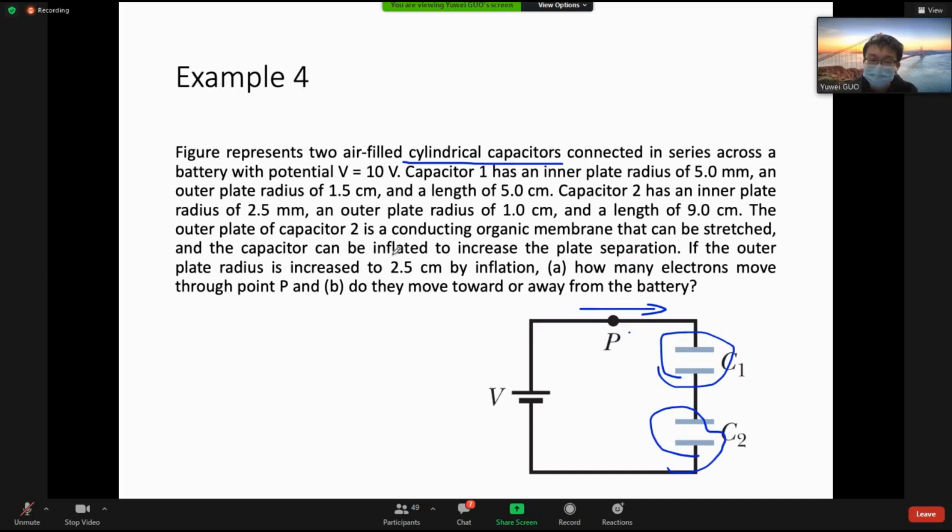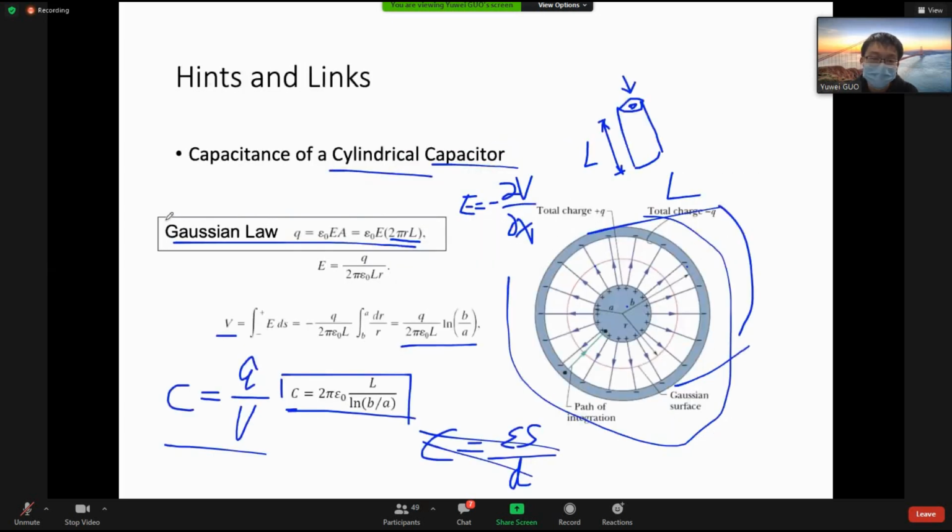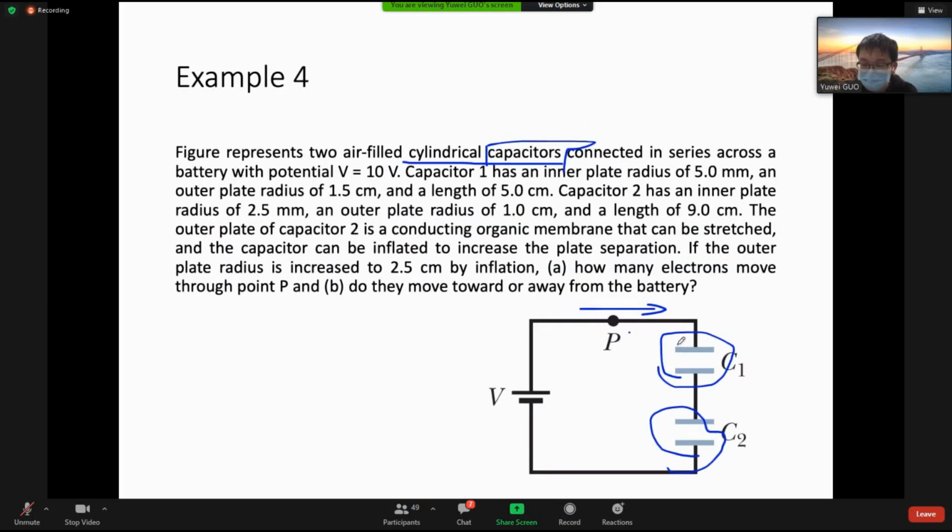The point in this problem is to first calculate the capacitor, using the Gaussian law. The second is to calculate the total capacitor, because in a series you need to pay attention to the total capacitor expression.